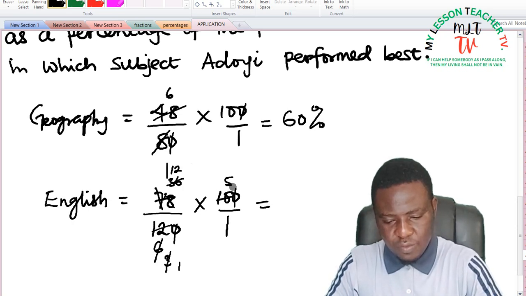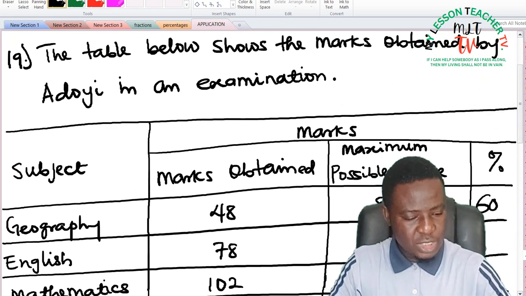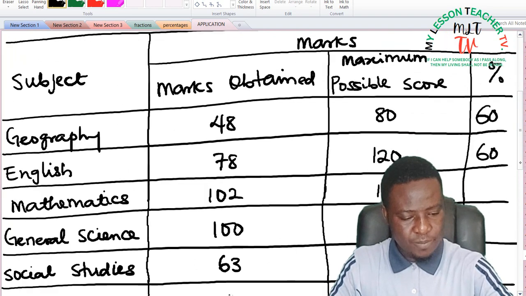So 12 times 5 is 60. So he equally scored 60% in English. So English is also 60%.